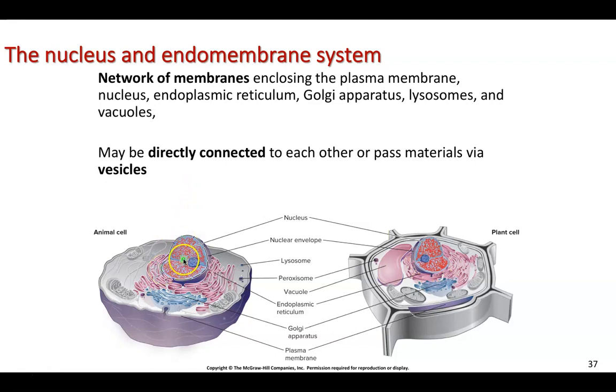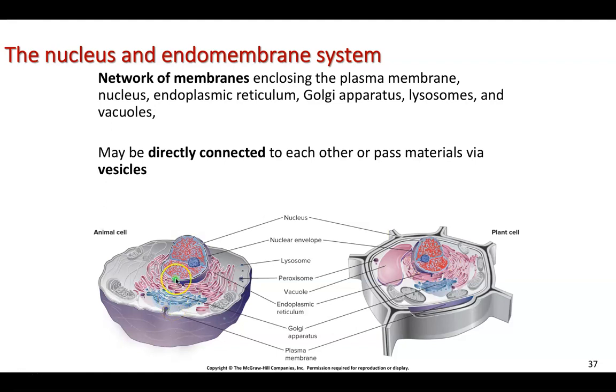So we're starting off at the nucleus, and if you think about the movement of, let's say, proteins through the cell, this allows it to get from the nucleus to the ER, to the Golgi, to vesicles, to finally the plasma membrane. So some things are directly connected, like we'll talk about the nucleus and the ER, and some things are not. So between the ER and the Golgi, they are not connected.